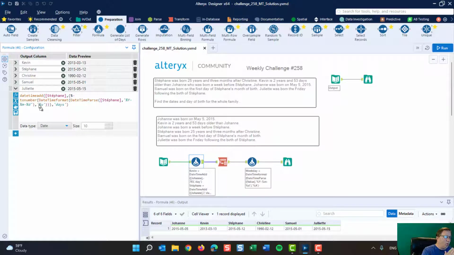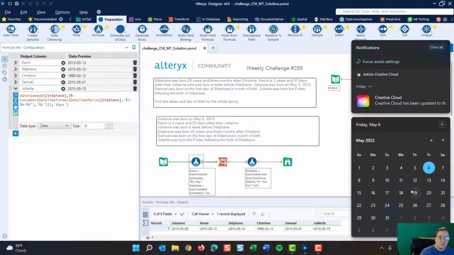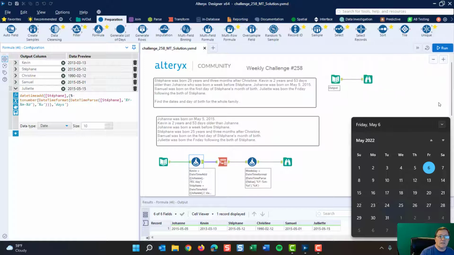We know that we want Friday, so that's 5. And then we need to identify what this is. So 5 minus what? If you actually go look at the calendar, you'll see that, and we can do this. We can just clear all.